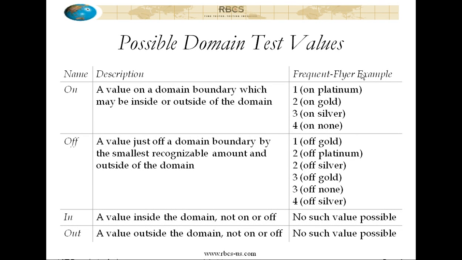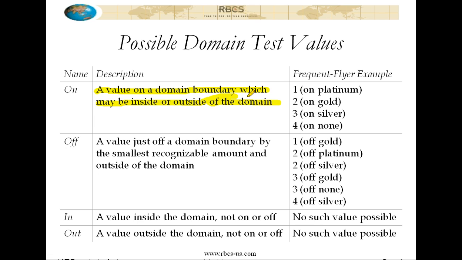An on value is, get the highlighter going here, a value that is on a domain boundary, which may be inside or outside of the domain. In the case of the frequent flyer example that we just looked at, the domain is of infinite thinness because it's a line. It's not an area.